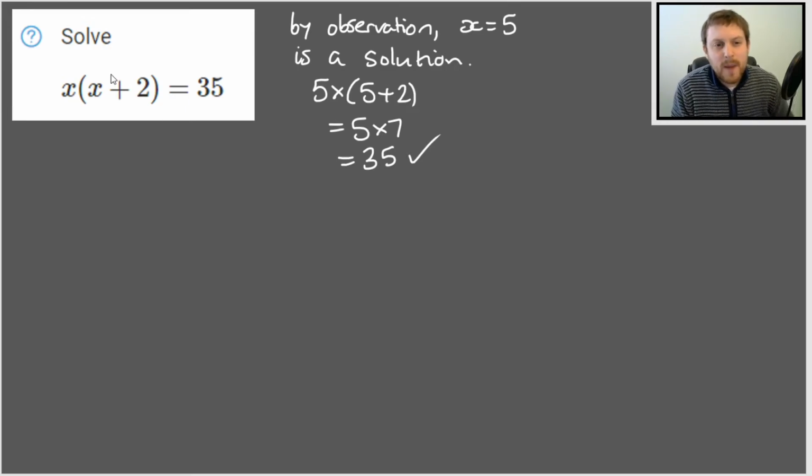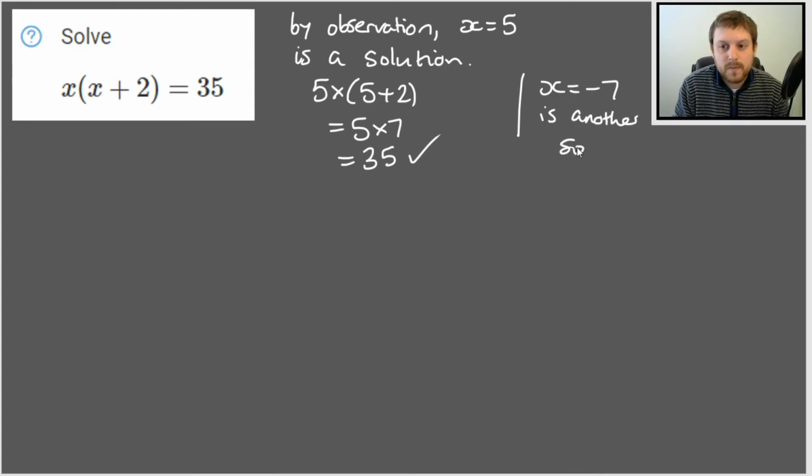And the reason I think it's going to be minus 7 is because if you do minus 7 times minus 5, you'll get 35. So I could also write down x is minus 7 is another solution. So actually what I could do is go into Hegarty and just type in 5 and minus 7 and it would be correct.